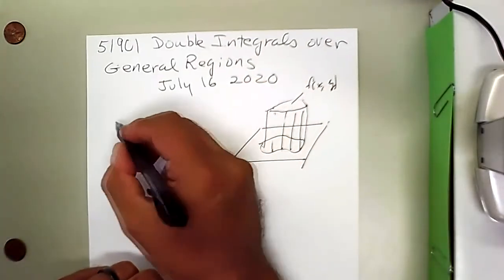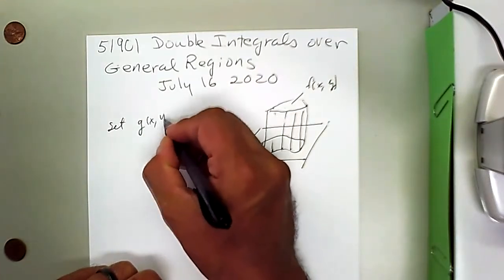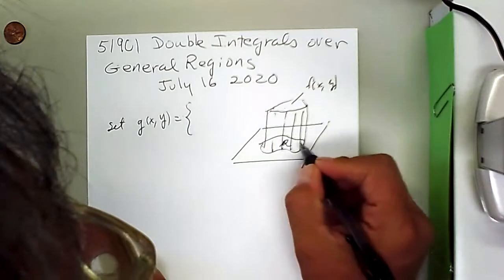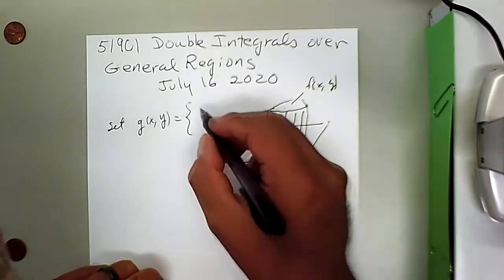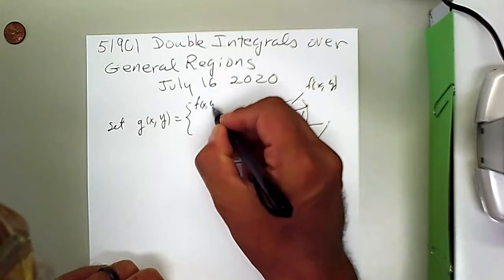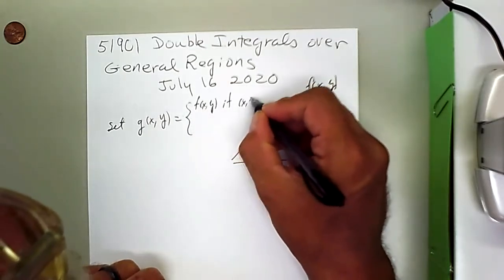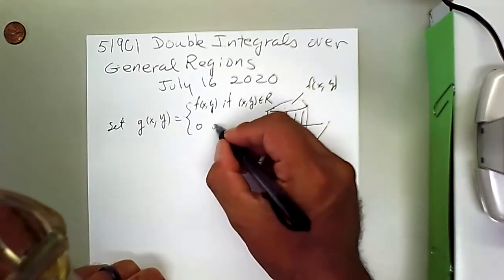So set g of xy to be equal to, let's label this region as R, f of xy if xy is in the region and 0 otherwise.